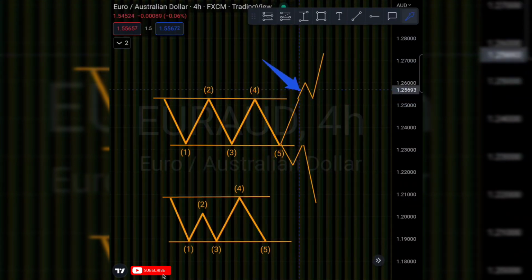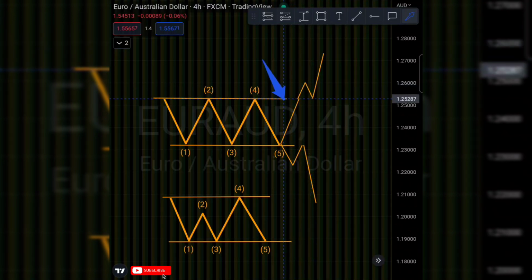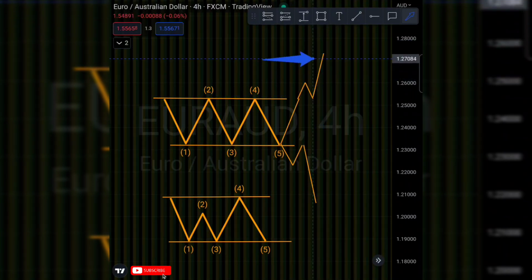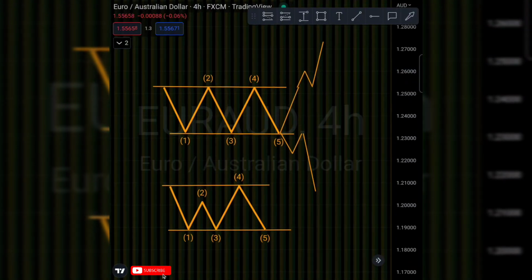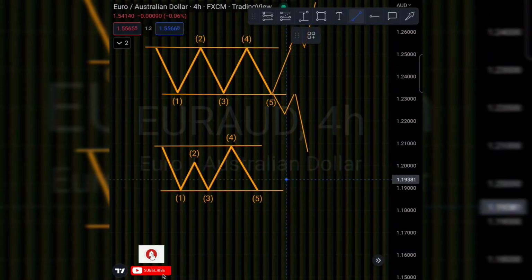Because if price is breaking the ceiling, that should be letting you know that price wants to go up. So as it's retesting that resistance, now turns into support, they're hoping it takes off to the upside. So that's what a break and retest type of setup will look like with a ranging market.